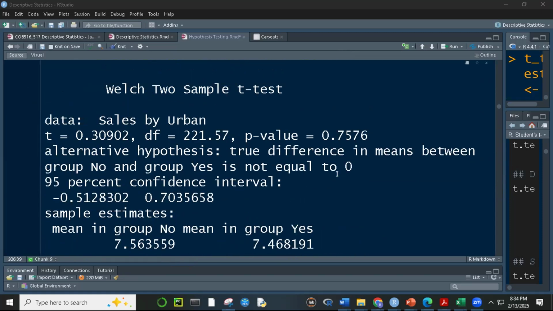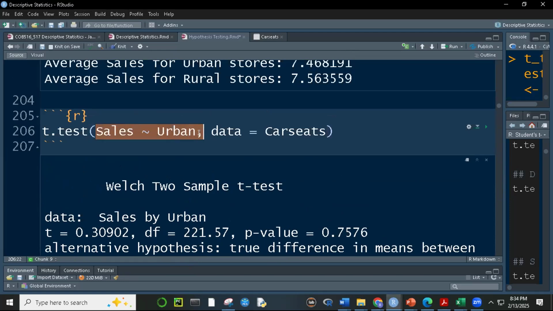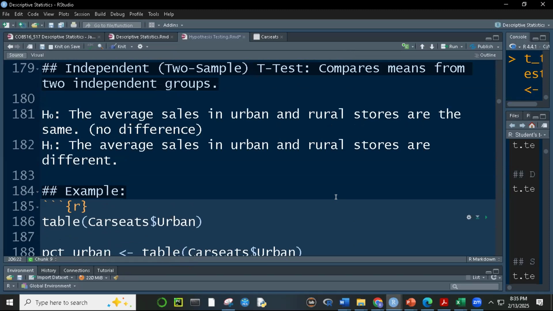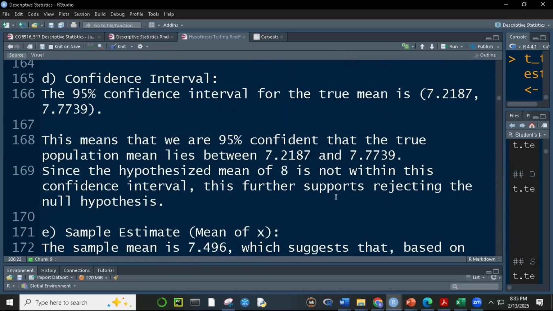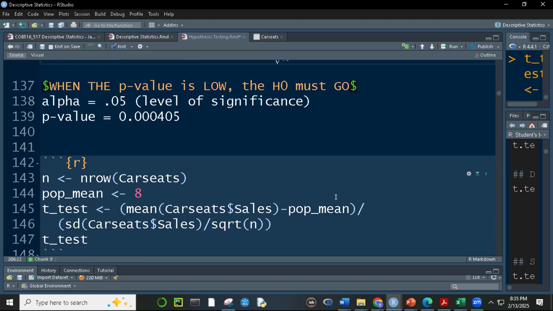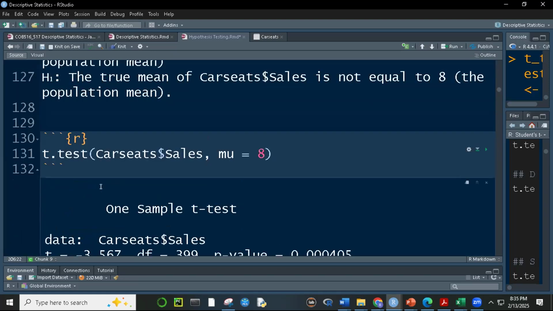This is the syntax for that: sales tilde urban, and it's quite different from your t-test here, which we also use t.test for. But the syntax is the data and then the specific variable, and then we have to identify the population mean, the mu.